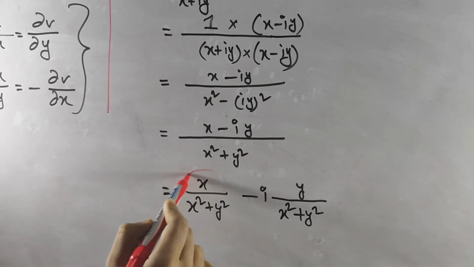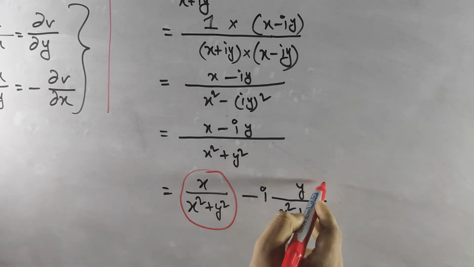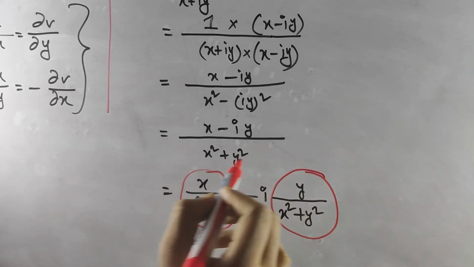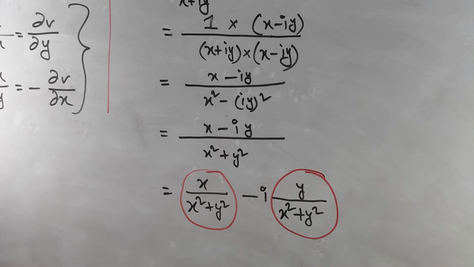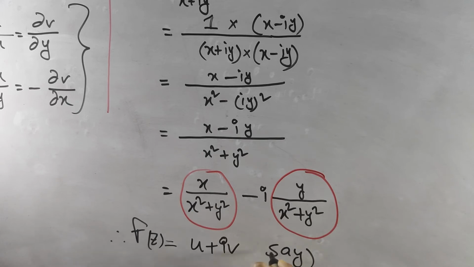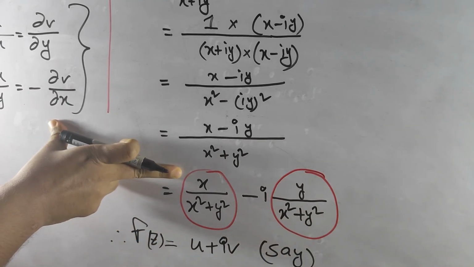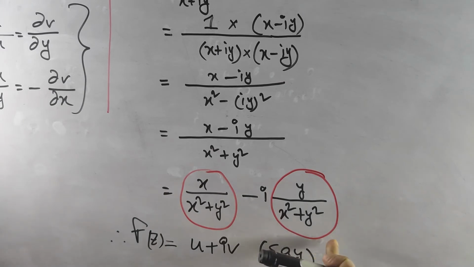Let this be u and this be v, then this will be u plus iv.